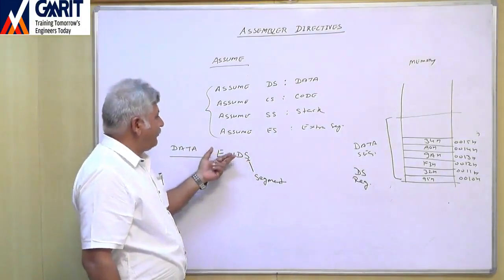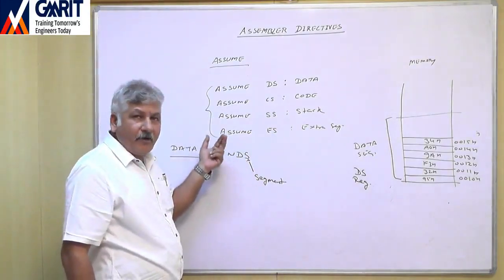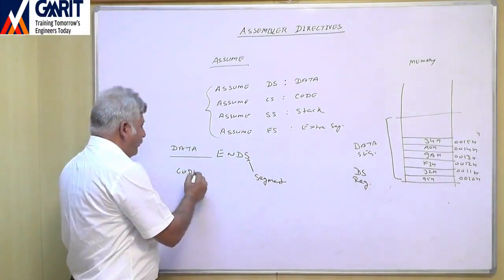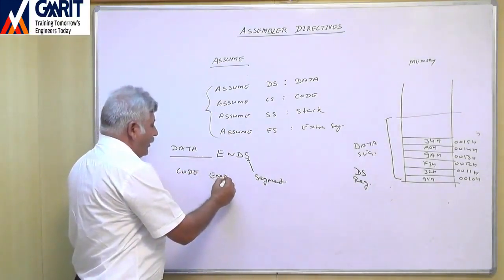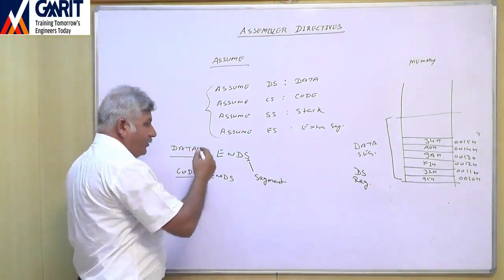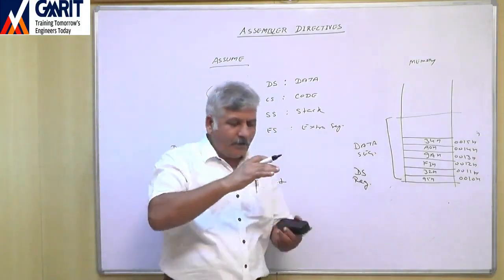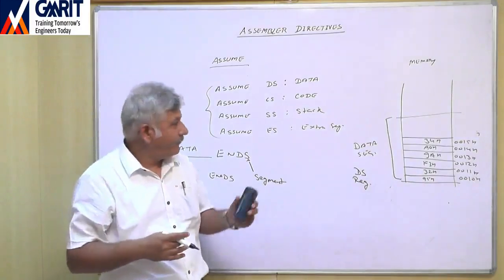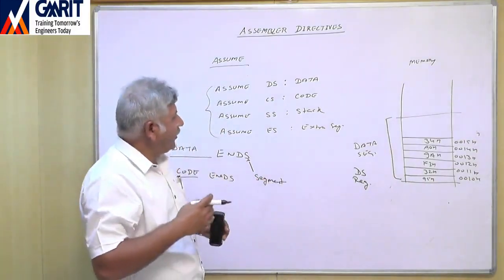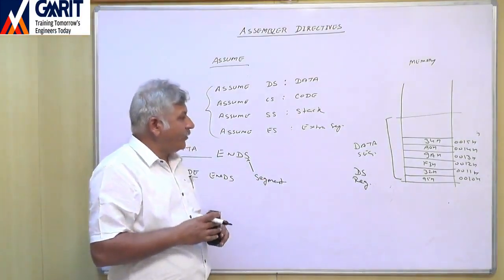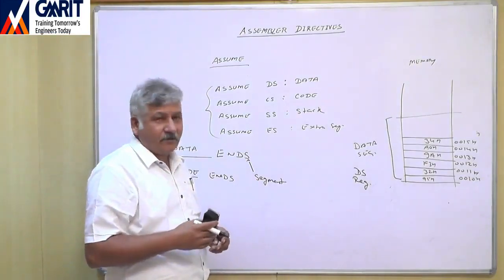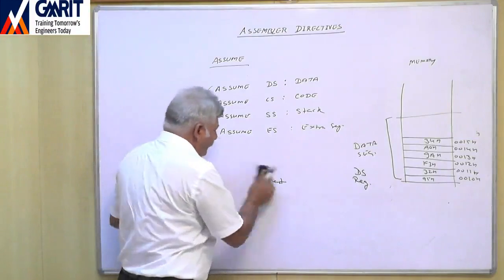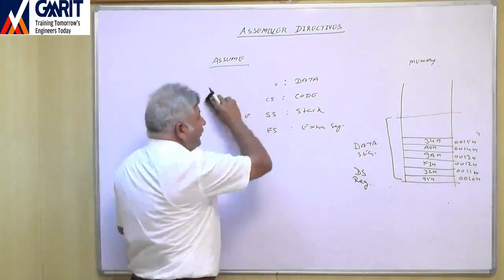So with this, my data segment area will end. Or code ENDS. So with this, the area where I have written the code of my program will end. So these are a few directives, and some more directives are there. But we will discuss those directives as and when required.